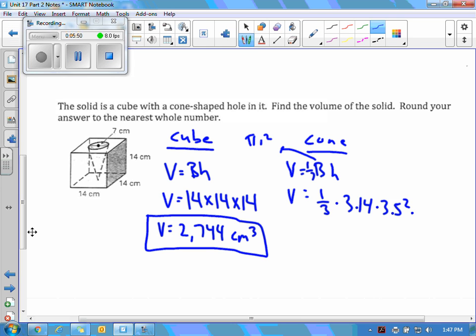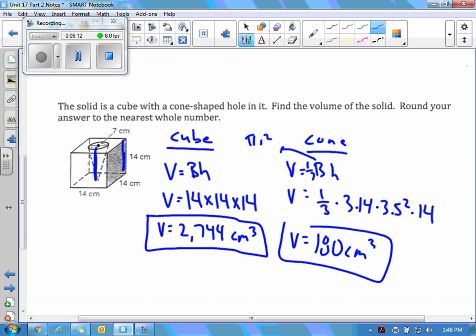And then our height is going to be 14. We see this as 14, which means that's the same right there as 14. Okay, so again, make sure you take care of order of operations, which means 3.5 squared first, and then you're going to wind up with 180 centimeters cubed.